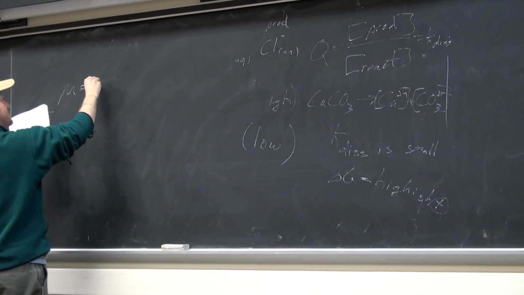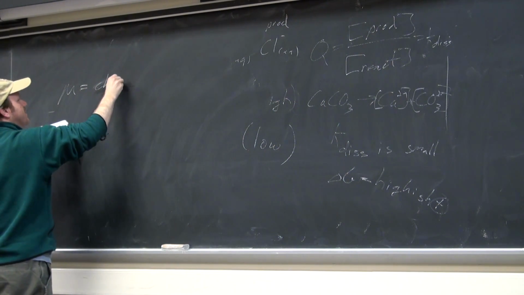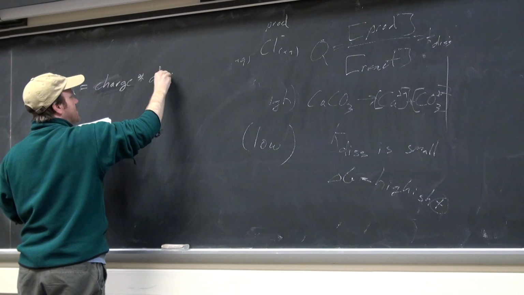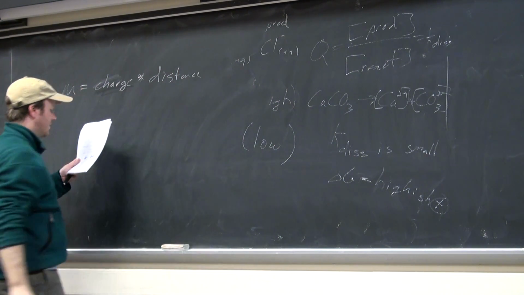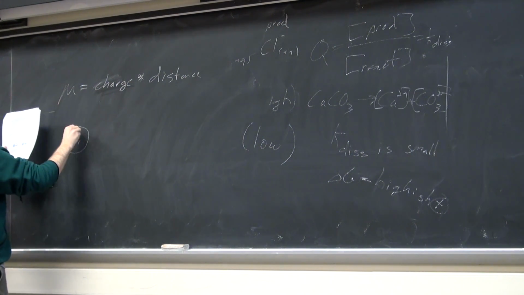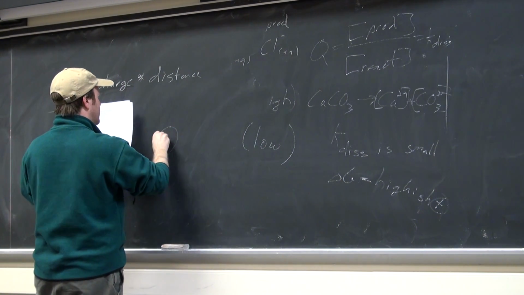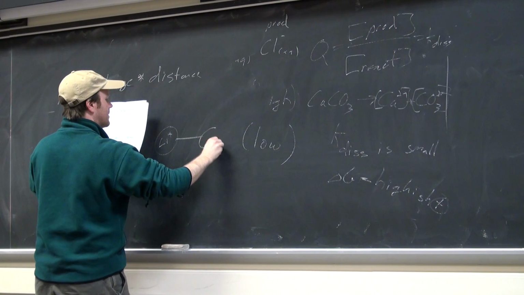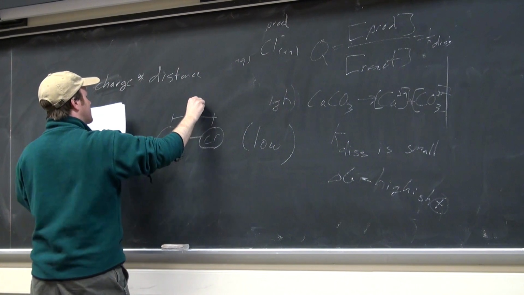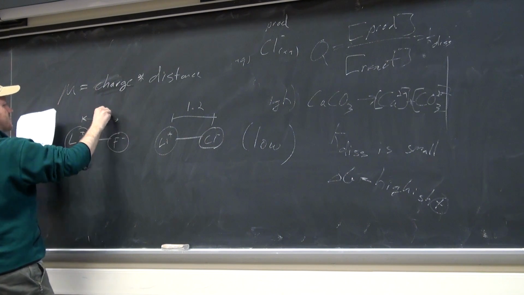Dipole moment equals charge times distance. So if we have lithium, which is plus, fluorine, which is minus, versus lithium, which is plus, and chloride, which is minus, and I said this is 1.2, this is 1.2.